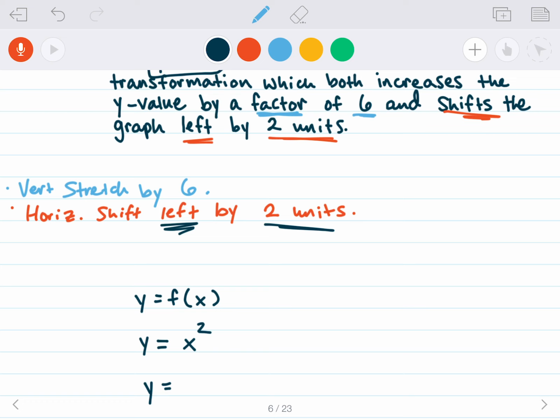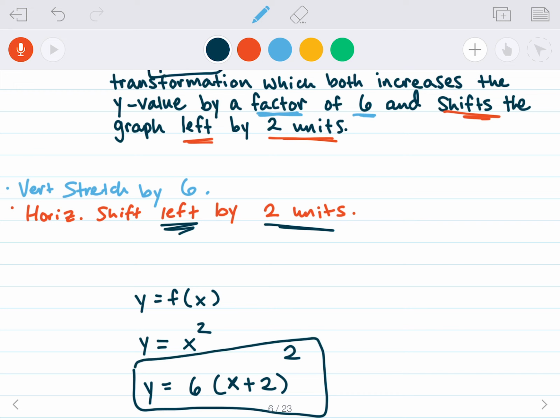But with the inputs, it's the opposite of what you think. So we're going to take 6 and multiply it by the output of the function. Now, we have to shift the function to the left by 2 units. So that says take my input and add 2 to it. Okay, so this is what my function looks like in the case of x squared.